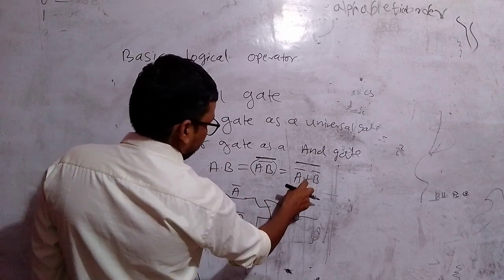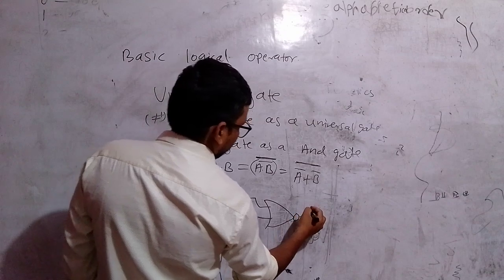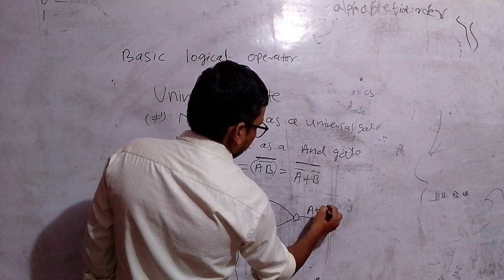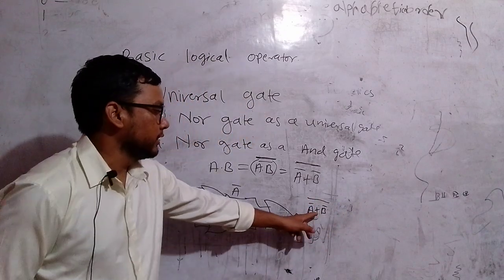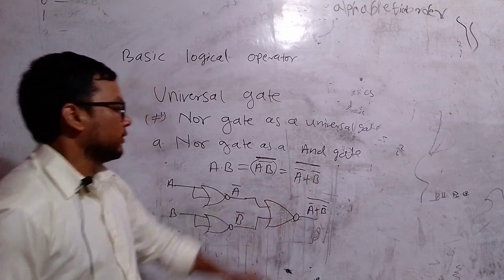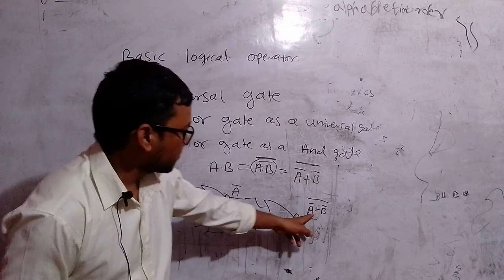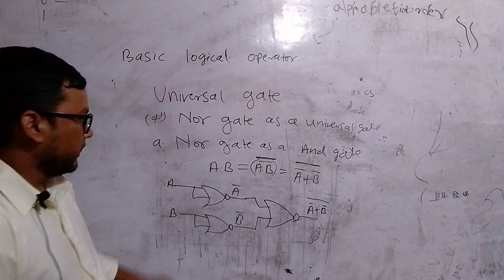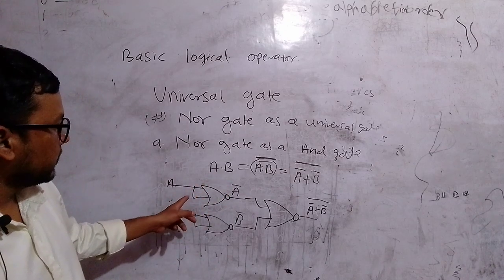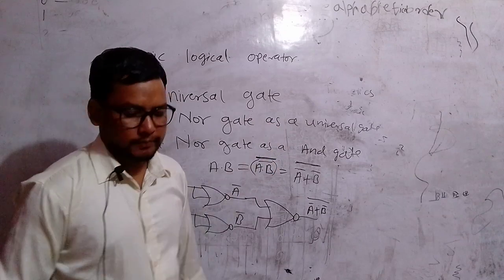Now this gives A complement plus B complement, and we invert this, giving A complement plus B complement and whole complement. This expression is similar to A dot B. That means we have demonstrated the NOR gate as an AND gate.